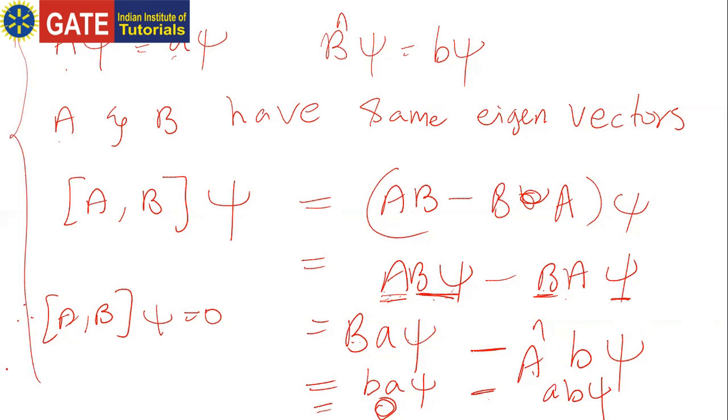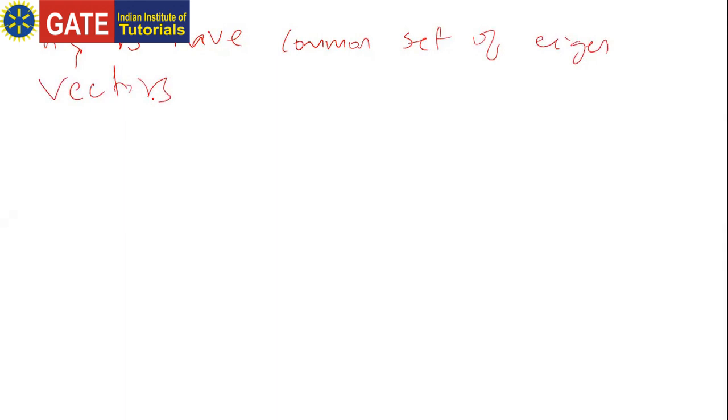Only when A and B have a common set of eigenvectors can we measure them simultaneously.